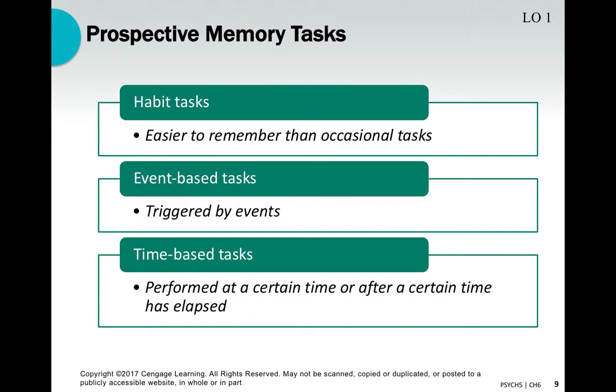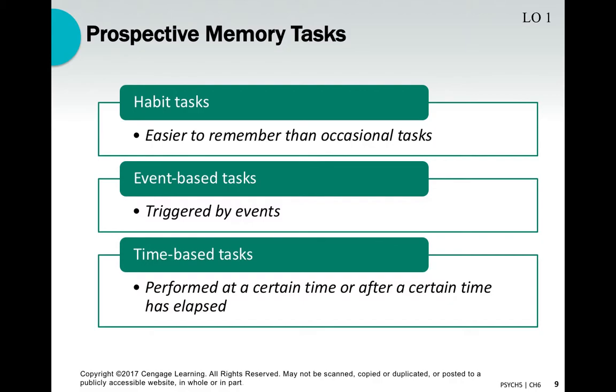Time-based tasks are performed at certain times. These are things that maybe we don't do all the time, but only at certain times, maybe seasonal things. Again, that's tied a little bit to event-based tasks, but it's based more on time. For example, we pay our taxes during a particular season, when people are filing.